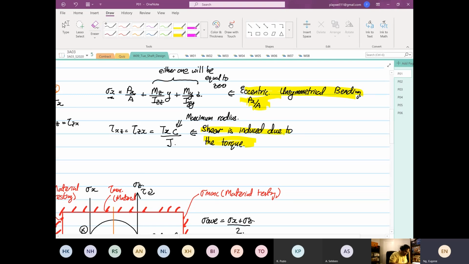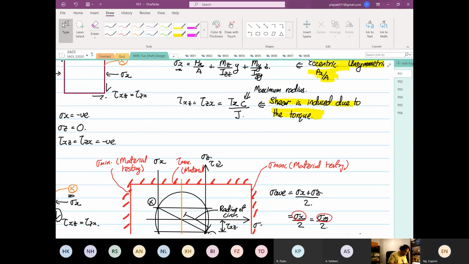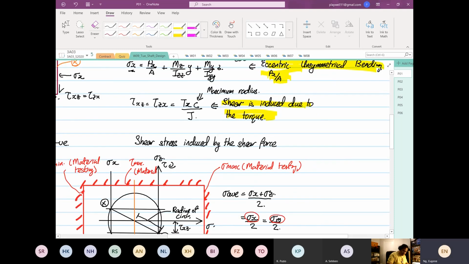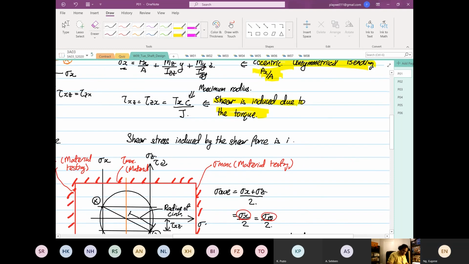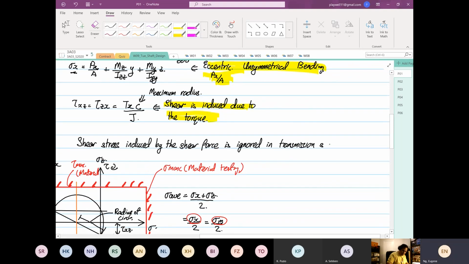The shear stress induced by the shear force is neglected or ignored in a transmission shaft, due to small amplitude.